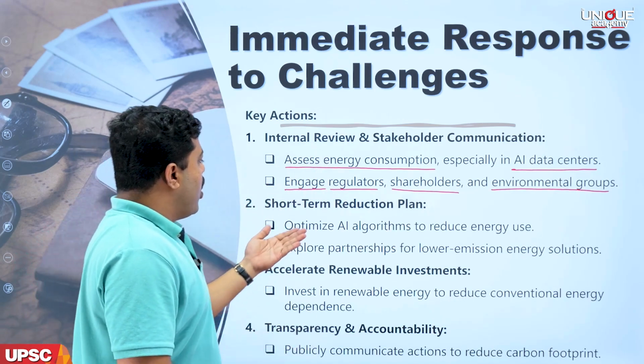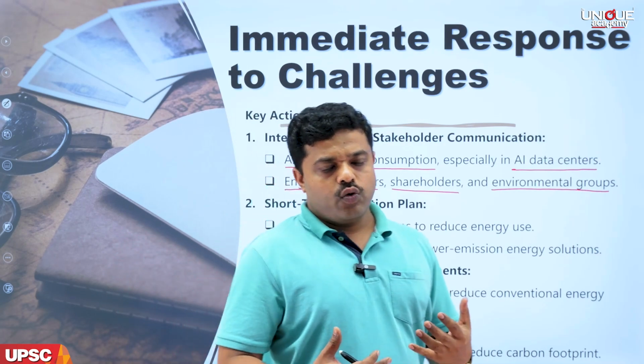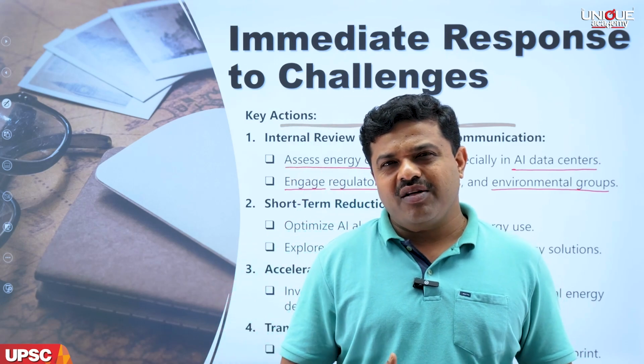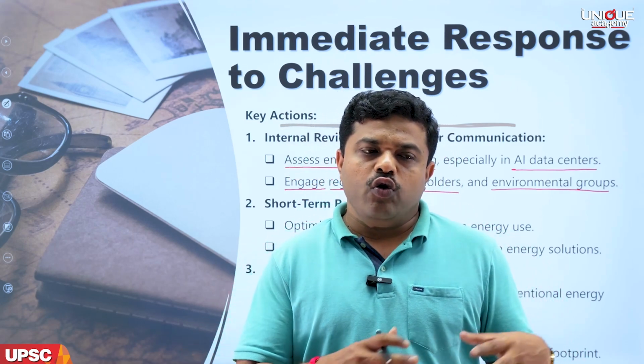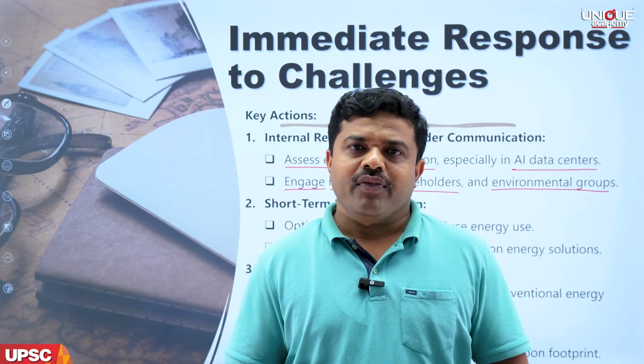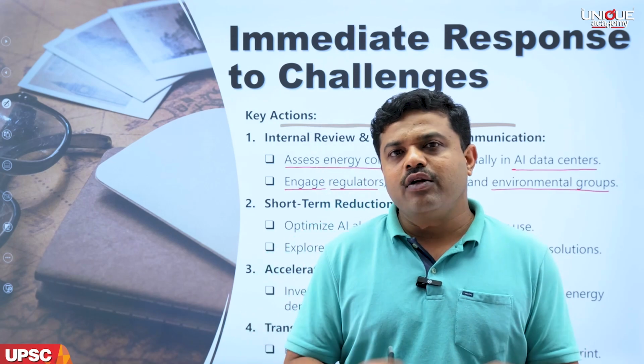One way could be optimizing AI algorithms to reduce energy use. The way AI functions, if the algorithms written are so complex and so lengthy that they need a lot of processing, then of course it will increase energy consumption. So what is the solution here?